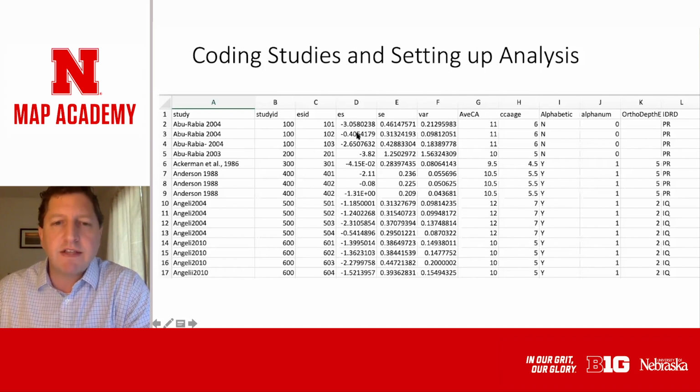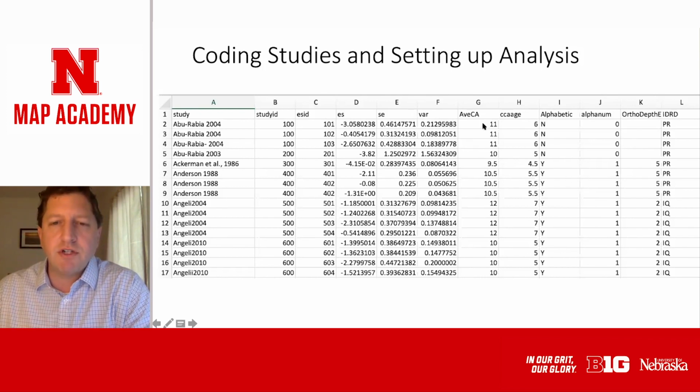You can see the effect sizes for each of those 3 outcomes, standard error, VAR. I always label my variance VAR just because that's the way I write my syntax in the stats programs. So I always try to keep my variables named the same way. And you can see that I've got some other codes here.